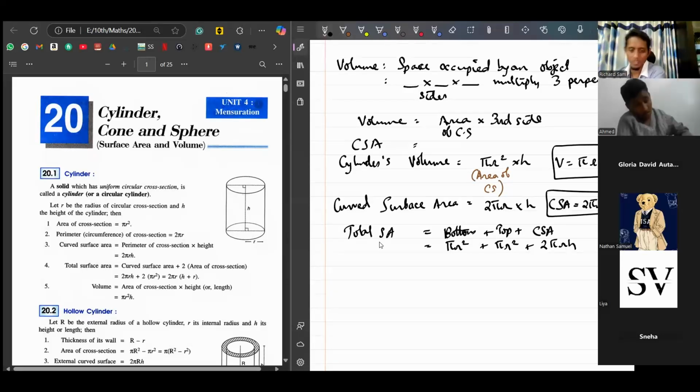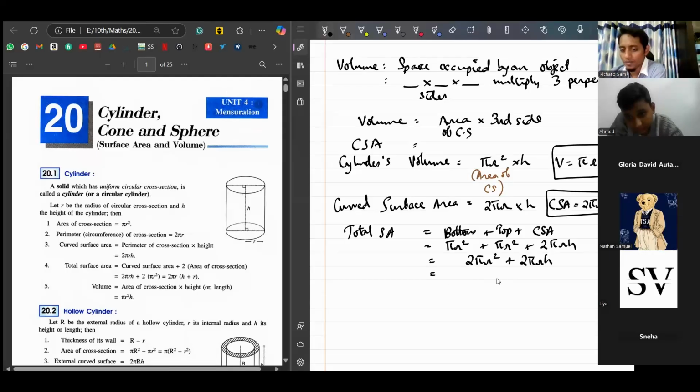Now, say you're finding total surface area. We have to write it like this. Then we have to simplify it. So can we simplify this formula? If you add pi r square plus pi r square, what does it become? 2 pi r square. Correct. Plus this one, that is 2 pi r h.